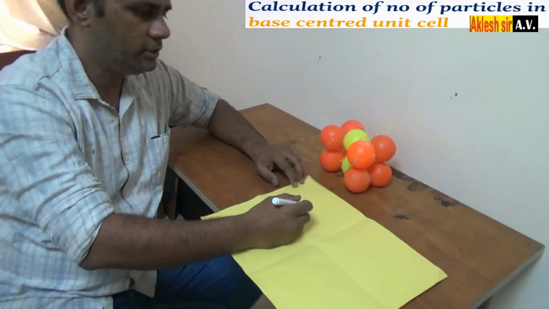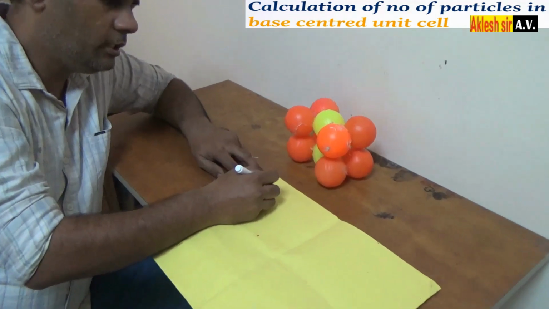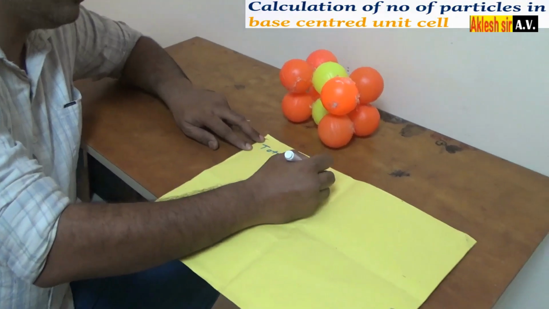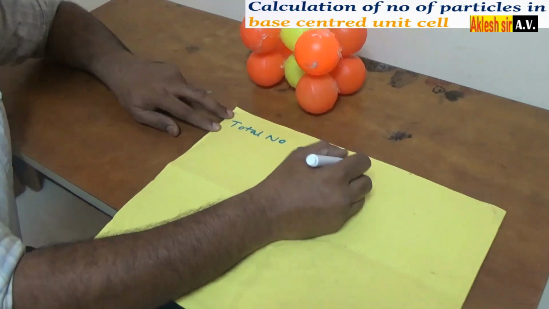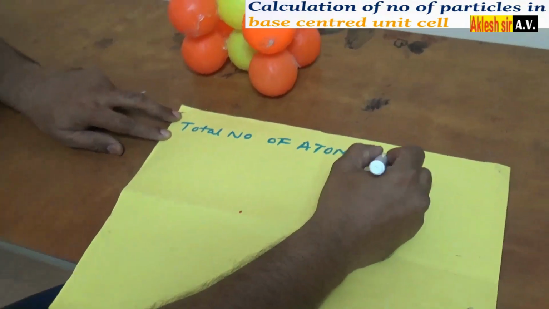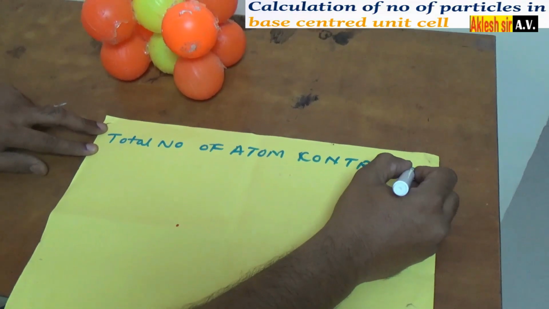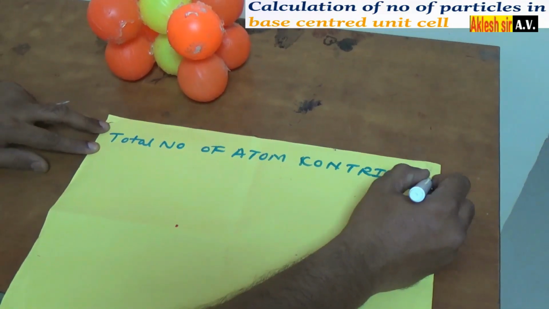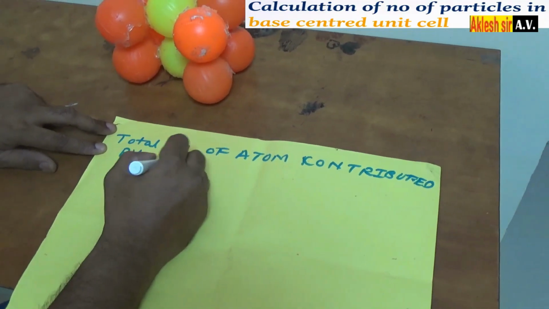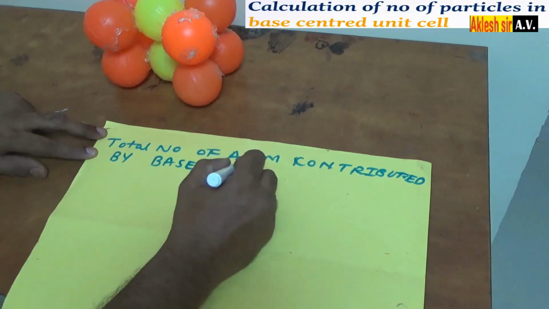To calculate this, see, total number of atoms contributed by base centered unit cell.